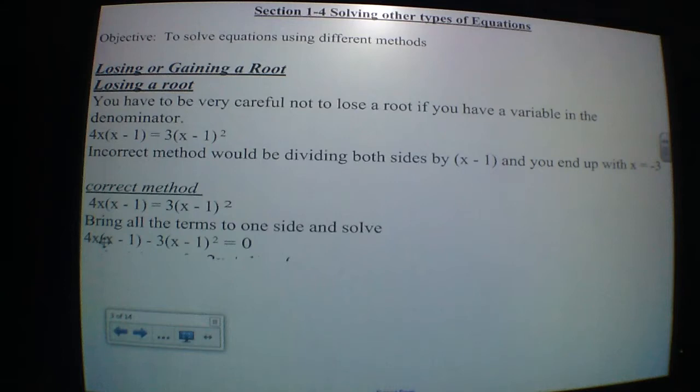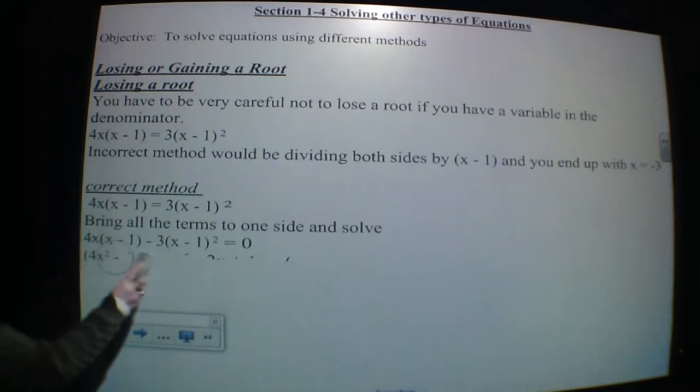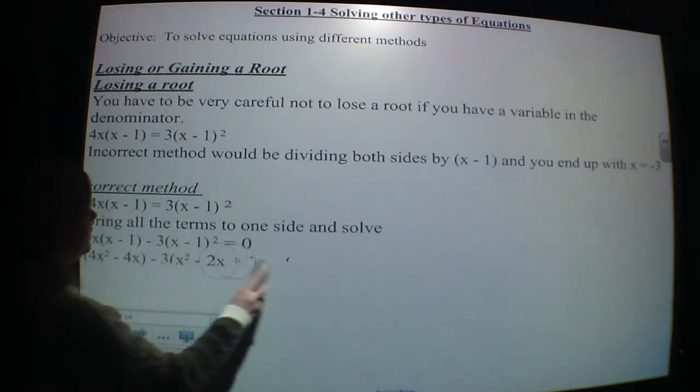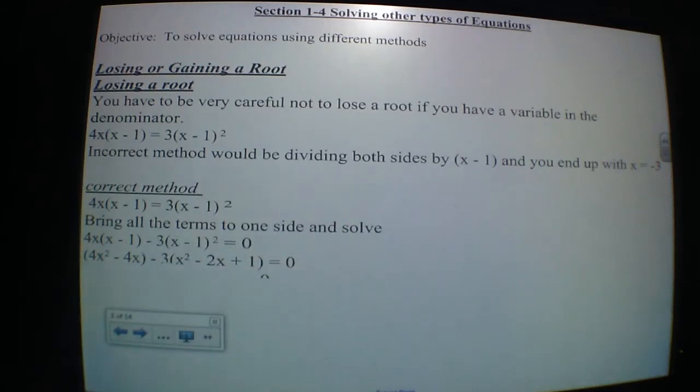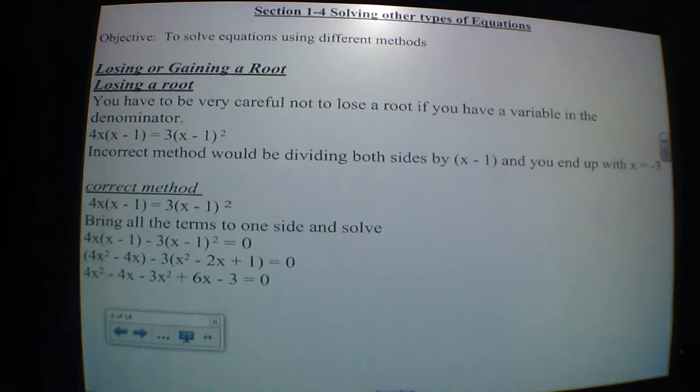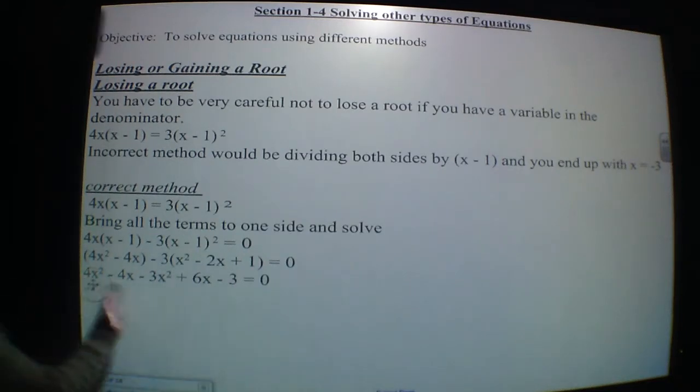So if you bring all the terms to one side, and then you solve the equation. Distribute, FOIL, distribute again, combine your like terms, and then now, if you can factor it, factor.